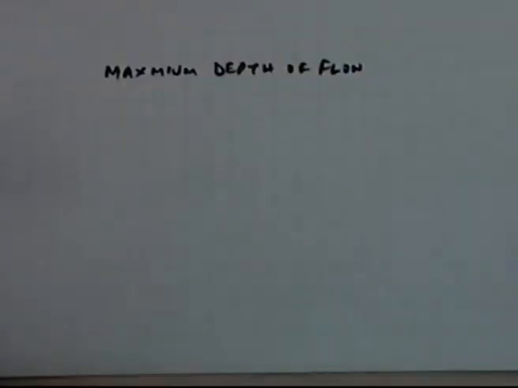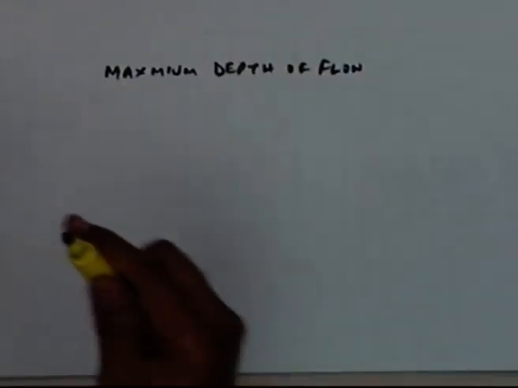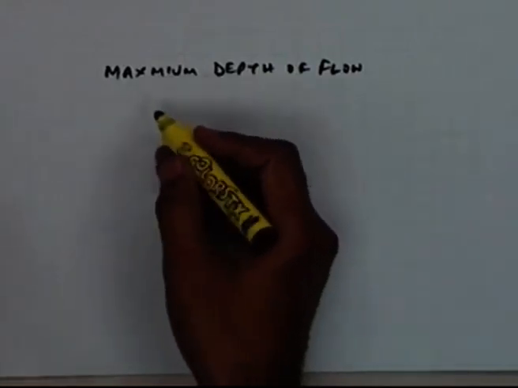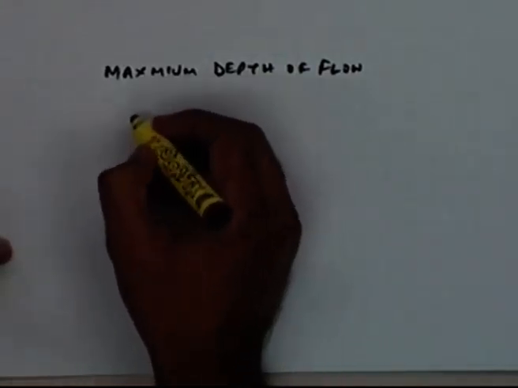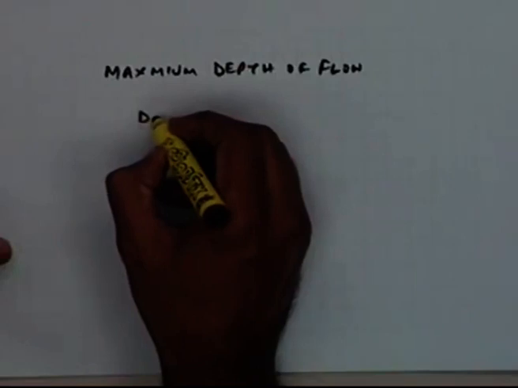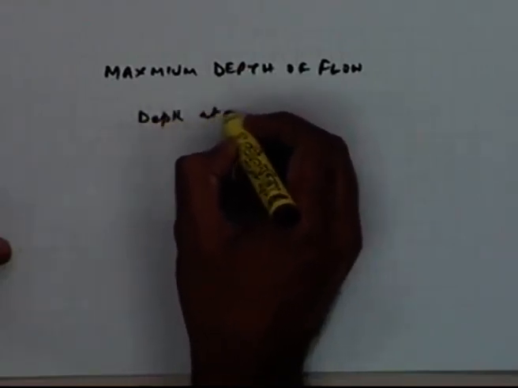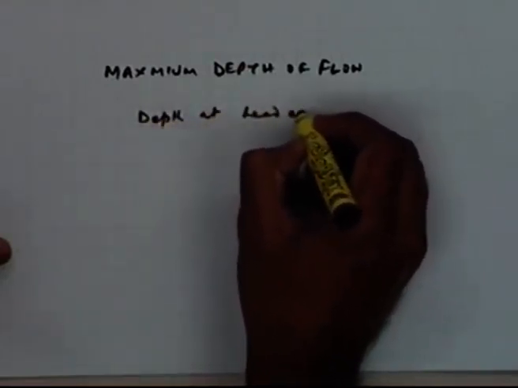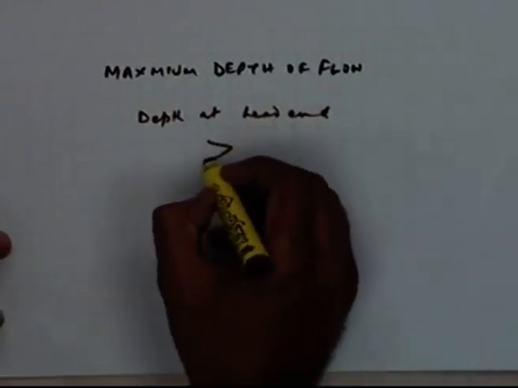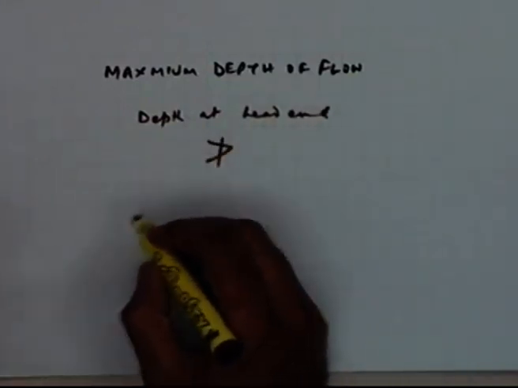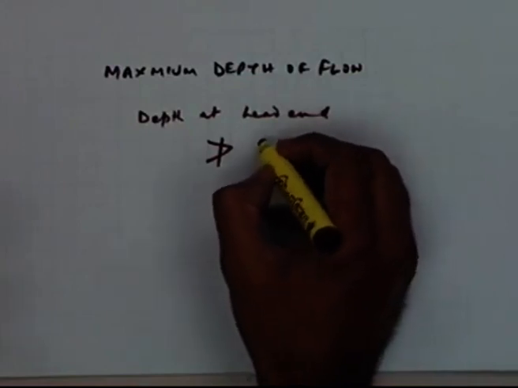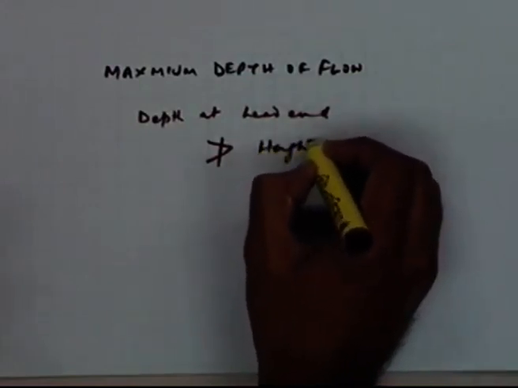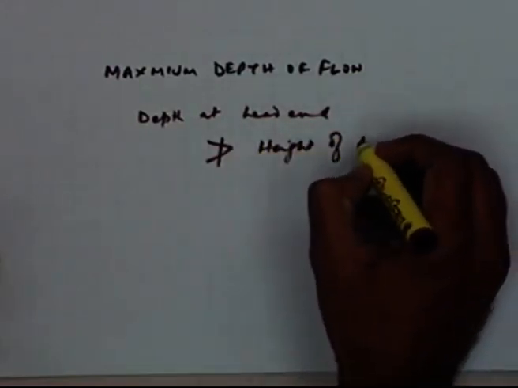Now when you are looking at the maximum depth of flow, the depth of flow, let's say at the head end, it should not exceed the height of a ridge.